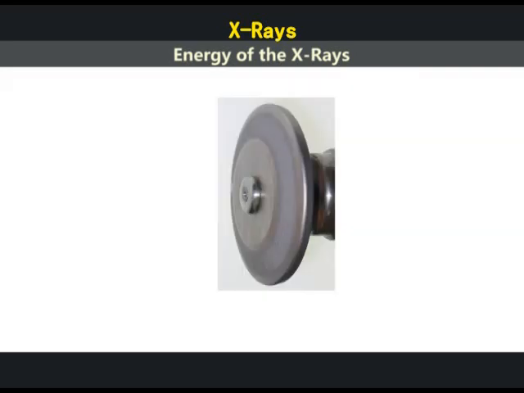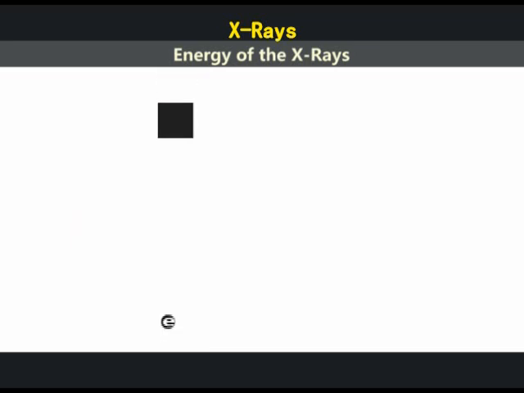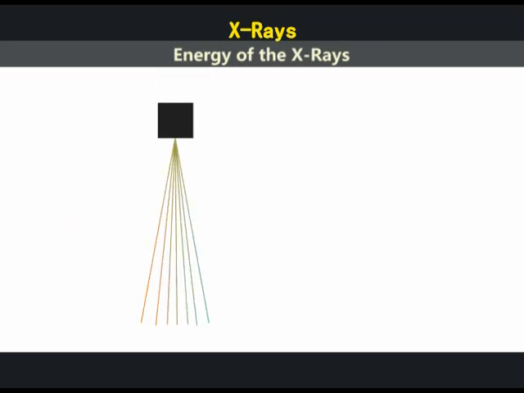Remember that when an electron is suddenly stopped at the target, much of its kinetic energy is converted to heat and a very small amount is converted to X-rays. For a given accelerating potential difference, the X-rays produced have varying wavelengths. The shortest wavelength, lambda minimum, corresponds to a collision in which all the kinetic energy of the electron is assumed to have been converted to X-rays.